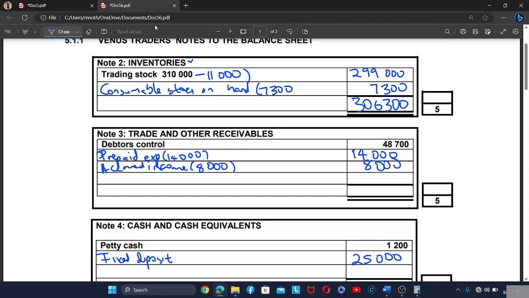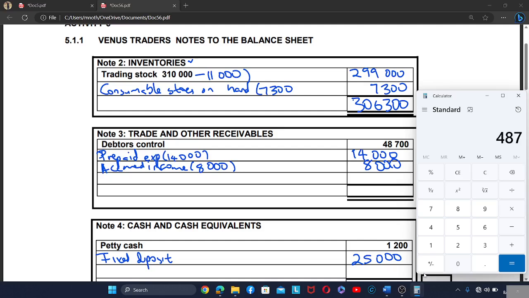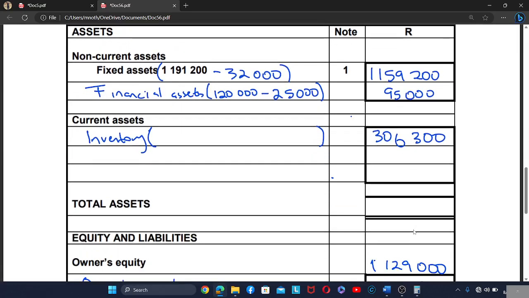So let's add them together. 8,700 plus 14,000 plus 8,000, that is going to be 70,700. That is the trade in other receivables going to your current asset. Trade in other receivables, 70,700, right?